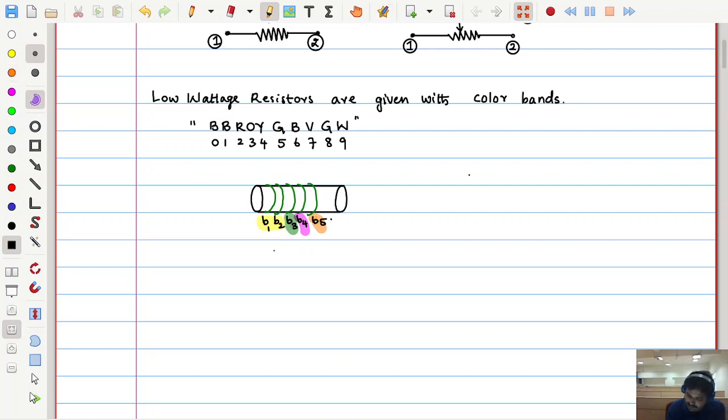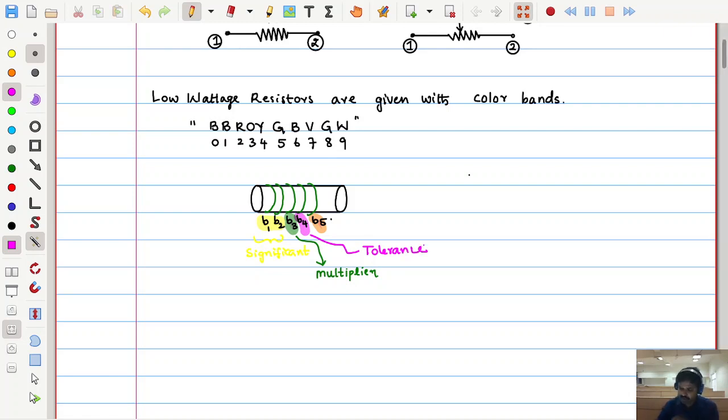So remember this terminology: the first two correspond to the significant figures, the third one corresponds to the multiplier, and the next one corresponds to the tolerance.